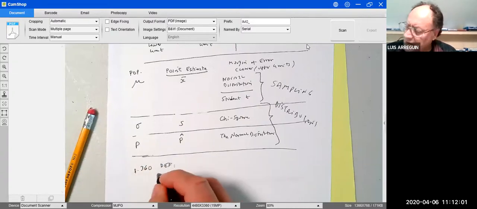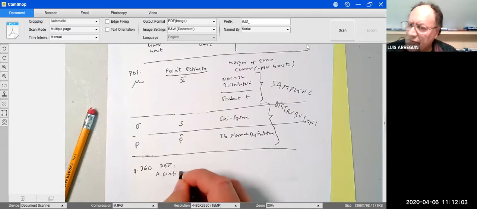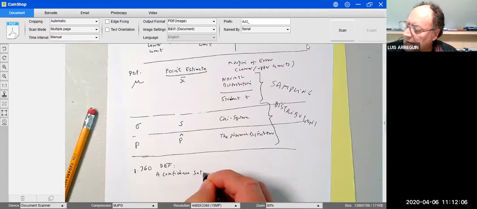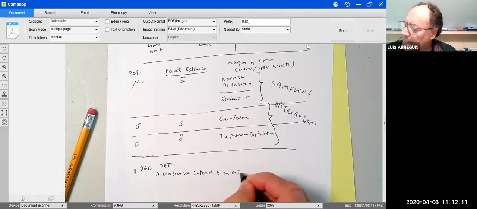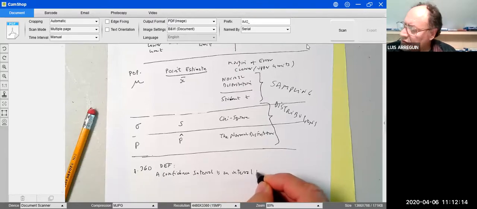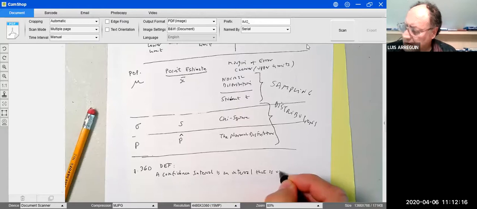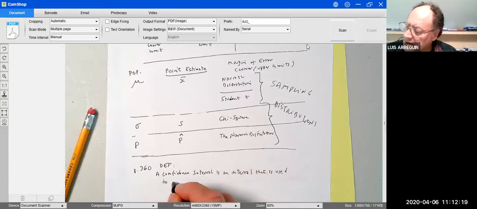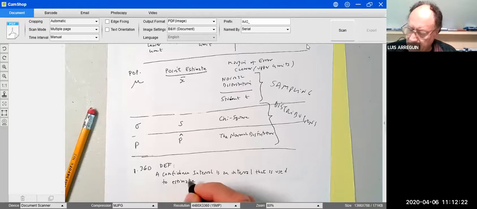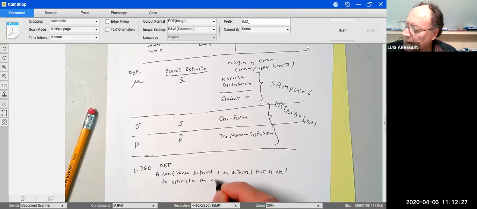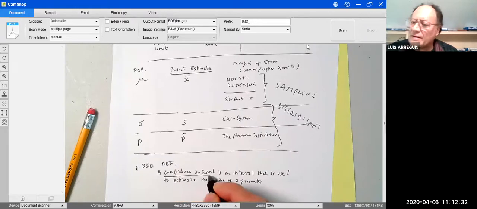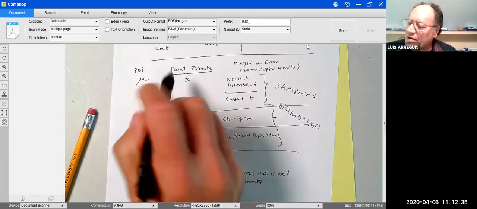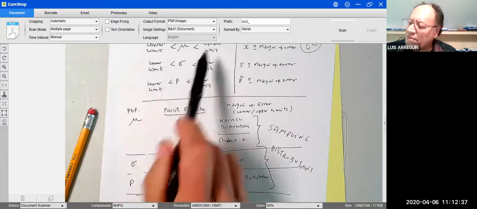The first one is that a confidence interval is an interval that is used to estimate the value of a parameter. So that's the confidence interval. It's just a lower limit and an upper limit. So these are going to be our confidence intervals, a lower limit and an upper limit.